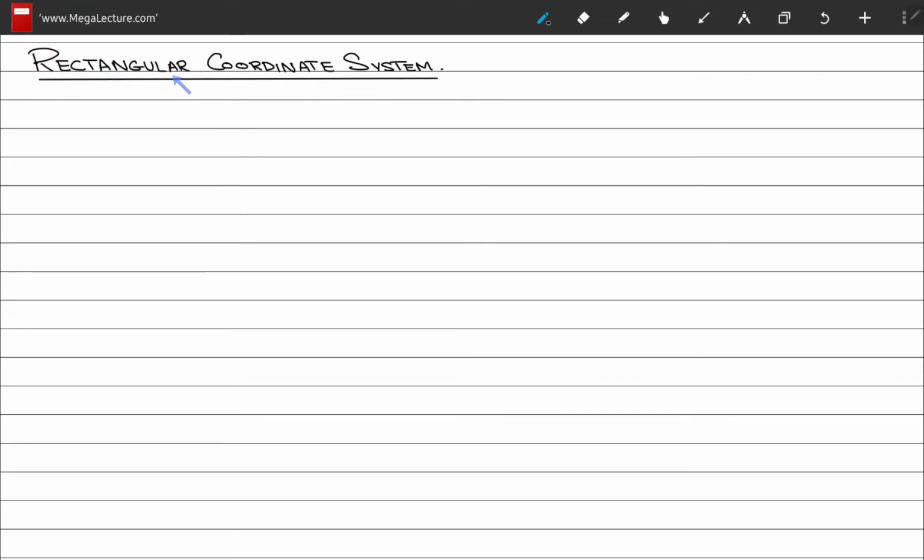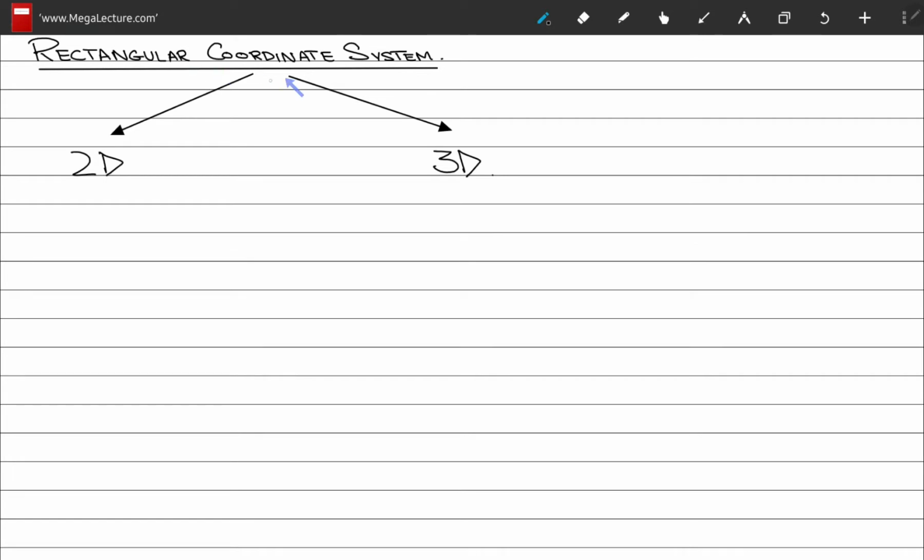Now let's talk about the Cartesian coordinate system, which is also known as the rectangular coordinate system. A Cartesian coordinate system in a plane is just a coordinate system which specifies each point uniquely by a pair of numerical coordinates. We can discuss this coordinate system in different dimensions.